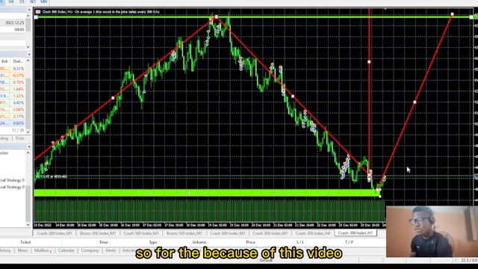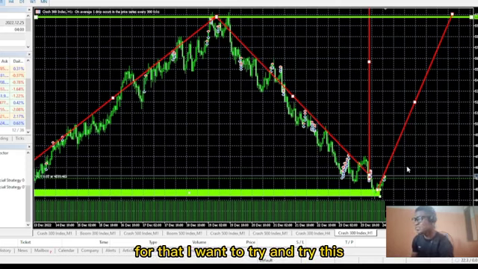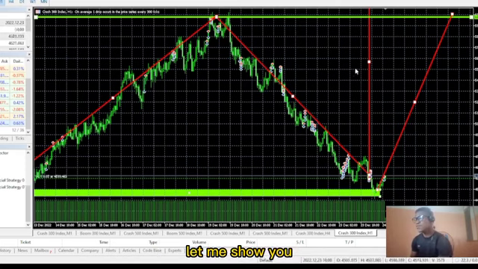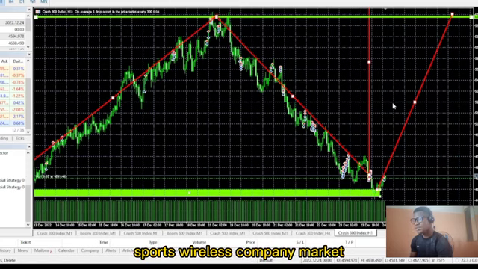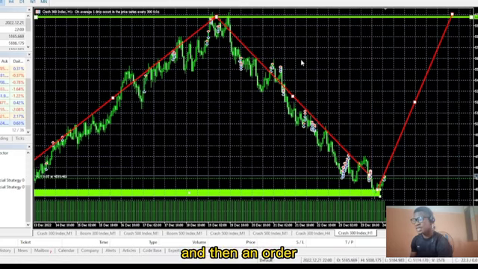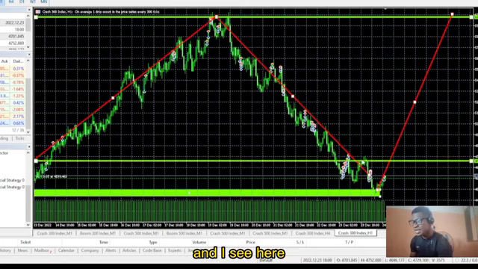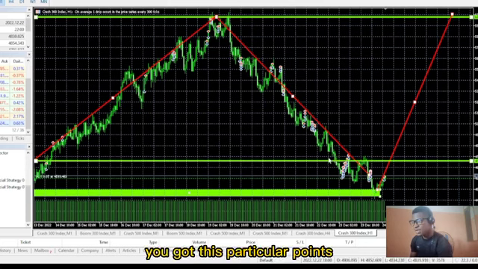For the course of this video, for those that want to trade intradays and scalp the market, let me show you where you can take your TPs at a very safe spot while you are scalping. If I take my line like this, I can see here this is a TP level. Look at this particular point.